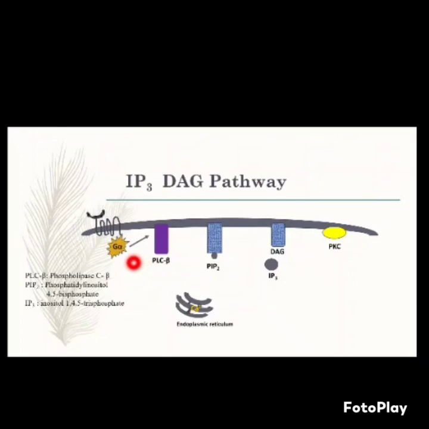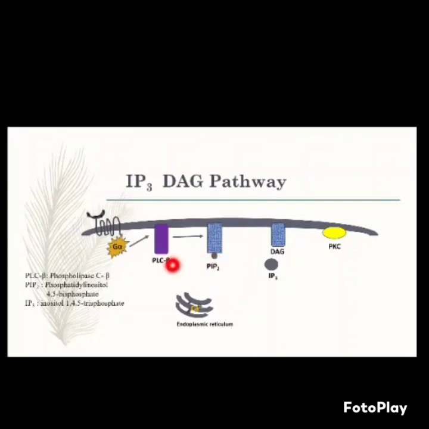The G alpha will activate this enzyme, and after that this PLC beta will act on our PIP2, that is phosphatidyl inositol 4,5 bisphosphate.